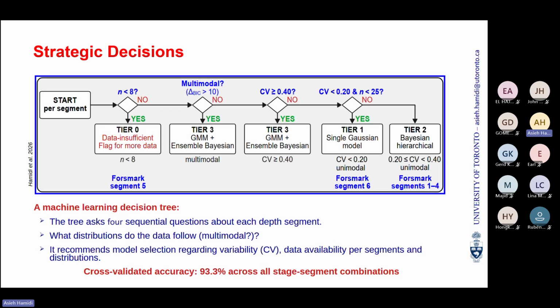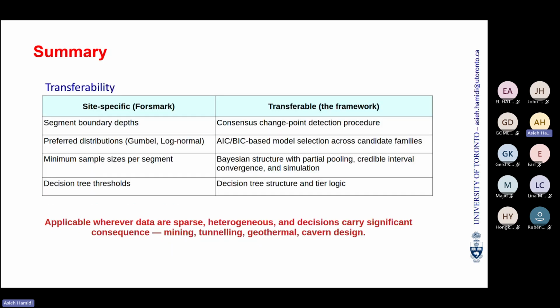We are also adding which model works, based on whether it is multimodal or bimodal, or based on our coefficient of variation. And then it tells you how you can keep moving during your site investigation and stress characterization.